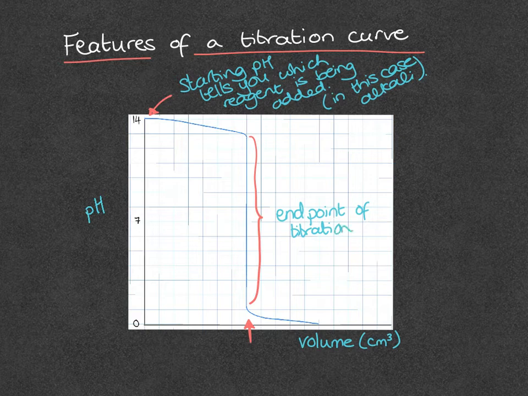Now, an end point is the point at which you would get a sharp colour change in your indicator.